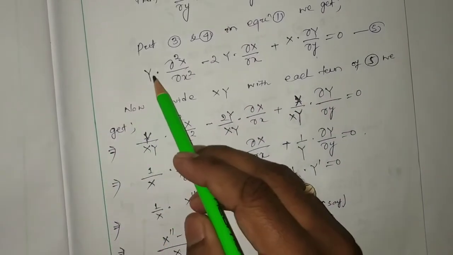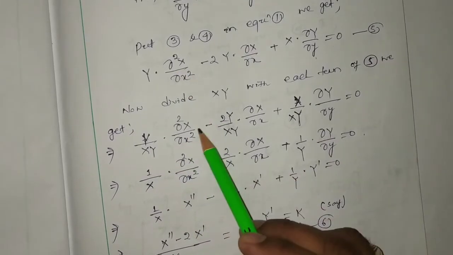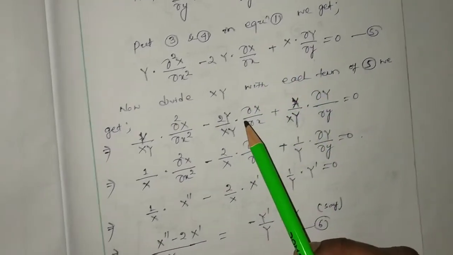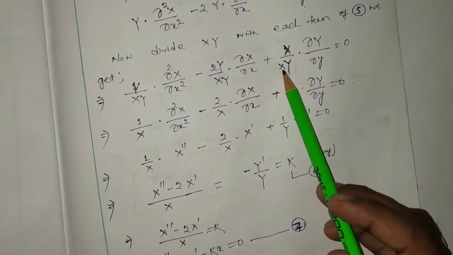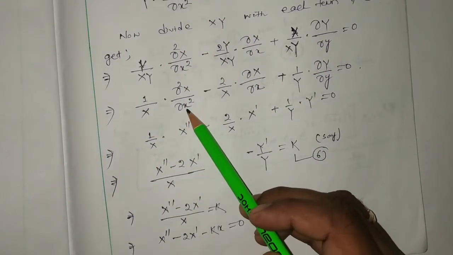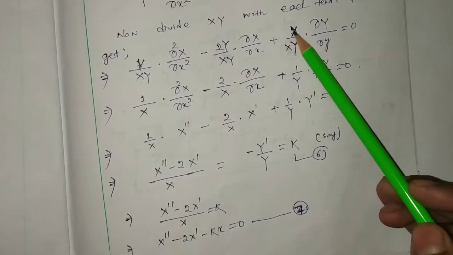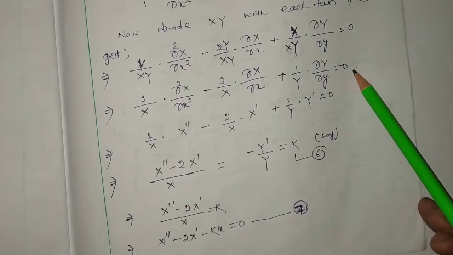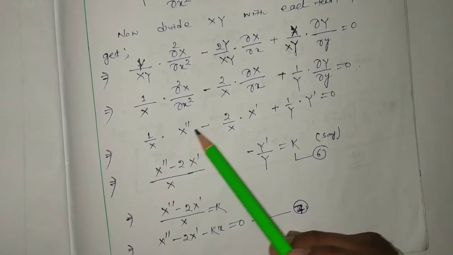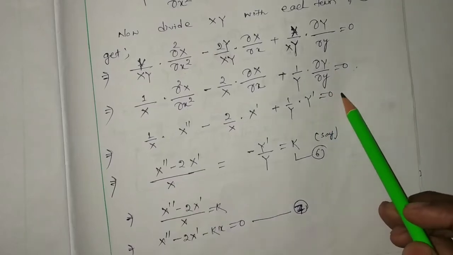We can find here Y is there, so it will be Y by XY, this one del square X by del x square, and this term also divided by XY, and we are going to get 1 by X del square X by del x square minus 2 by X del X by del x plus 1 by Y, because X got cancelled, del Y by del y equal to 0. So here we consider this del square X by del x square as X double dash, this is X dash, and this is the first derivative Y dash, equal to 0.